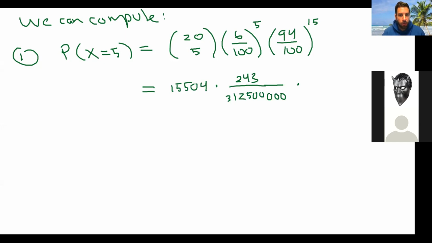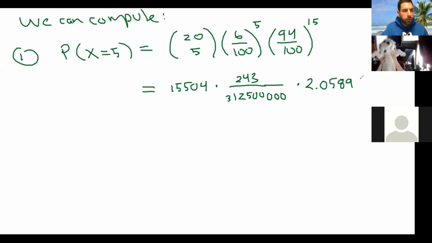For example, 94 over 100 to the 15th power. So you have to be very careful because you have a war happening here. I'm going to write this next number in scientific notation because it's a very, very small number. This last one right here is 2.058911, let's just round it off here, times 10 to the negative 16th.